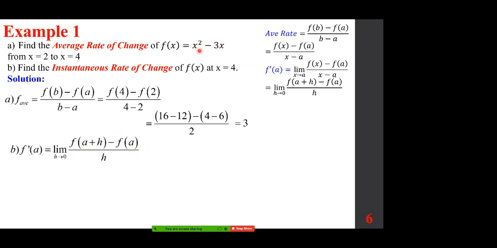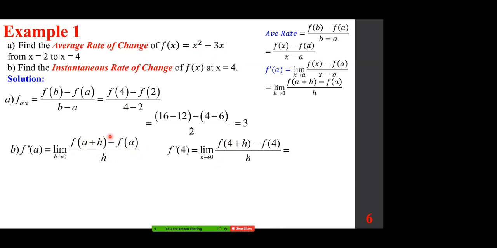Okay. So what is a? 4. Okay. So we're going to put 4. You have two choices, by the way. You can plug in a and keep the a until the end and then change it to 4, which really becomes the derivative function, the next section, or you can go with the number. Either way is fine.